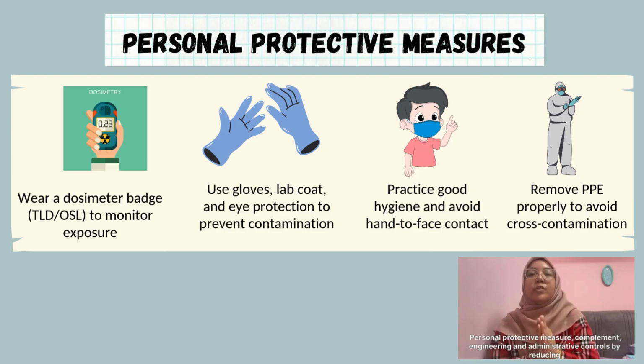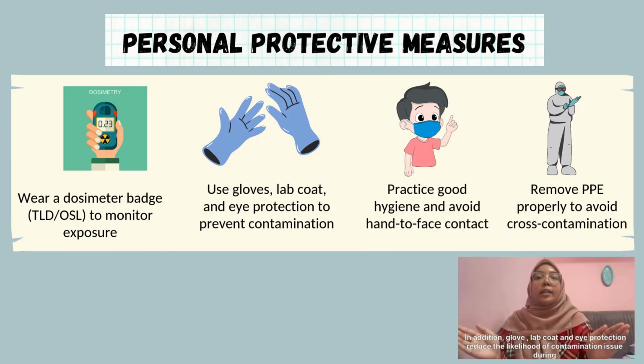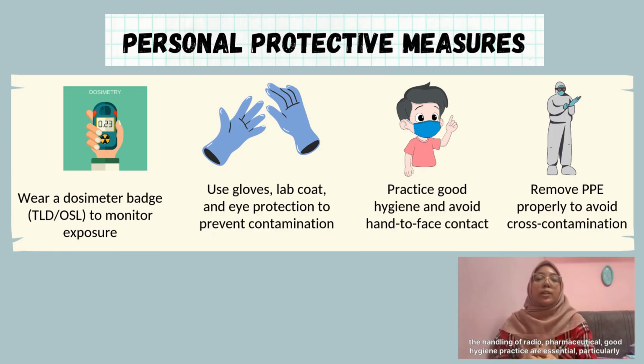Personal protective measures complement engineering and administrative controls by reducing individual risk. All personnel are required to wear dosimetric monitoring devices such as TLD and OSL badges to track cumulative exposure and ensure regulatory compliance. In addition, gloves, lab coats, and eye protection reduce the likelihood of contamination during the handling of radiopharmaceuticals.